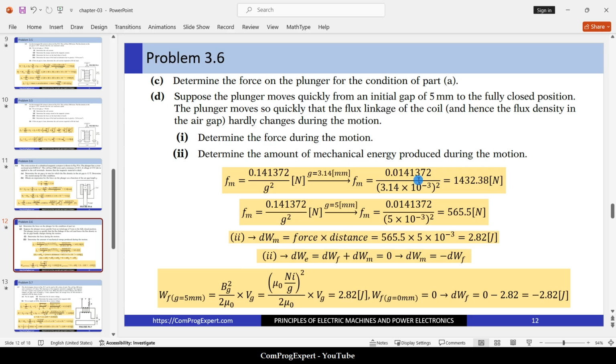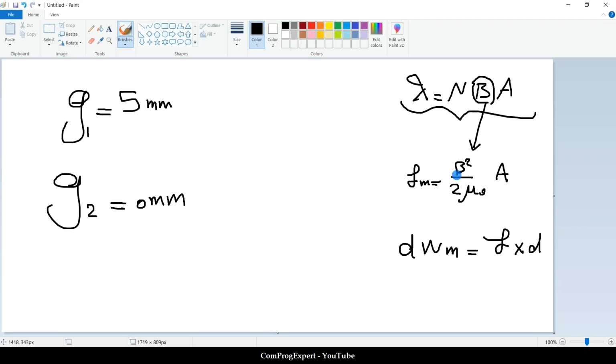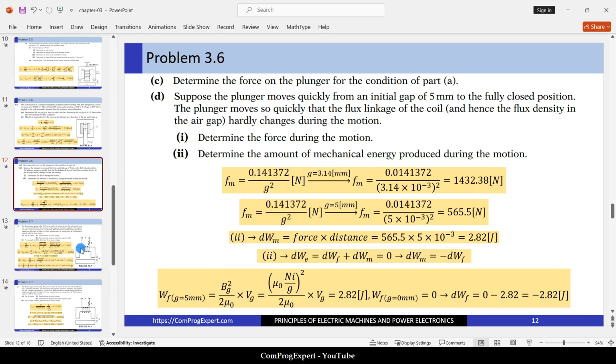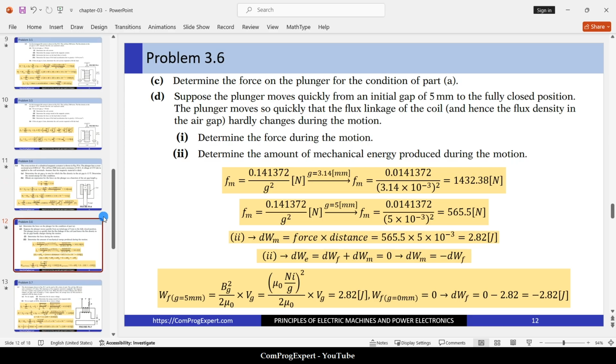So just consider this point that when we have fast movement and the flux density remains constant, we have the same force for this structure. That's all. Okay, so yes, it's enough for this video. Let's continue solving the next problems in the next video.